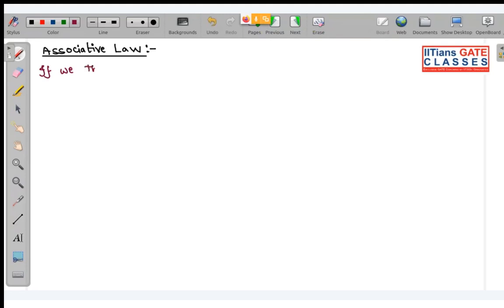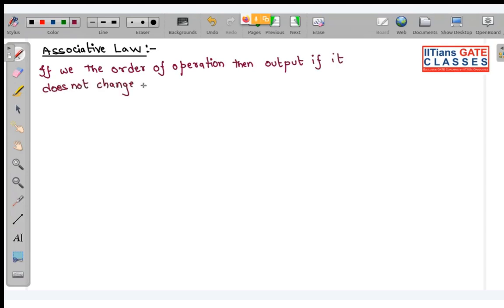If we interchange the order of operation, then output, if it does not change, then it is associative. Like what?